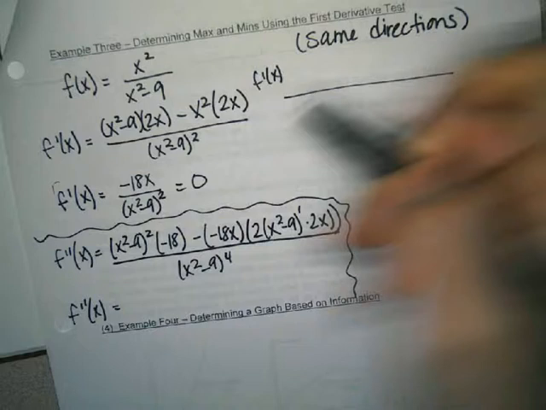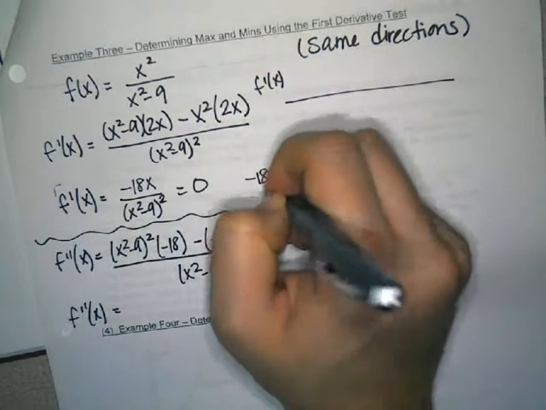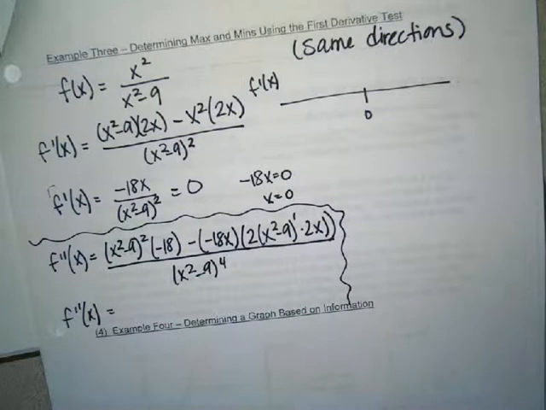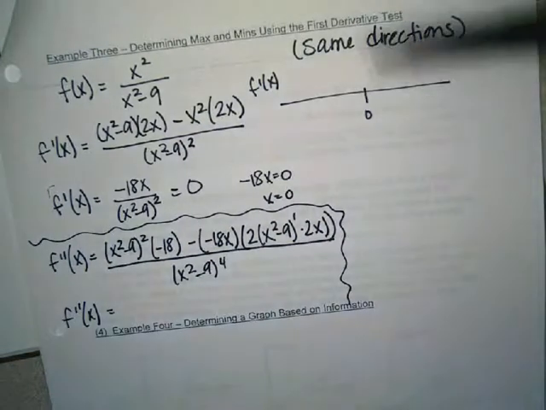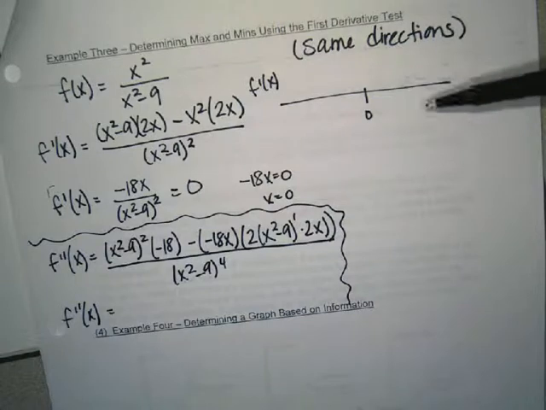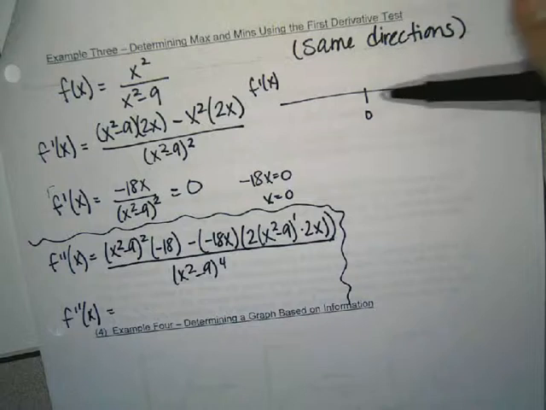So you really end up just getting negative 18x equals 0, so x equals 0. Now, I should say also that all these examples have had just one critical number, but it's not uncommon to also have another critical number. So you might come across a problem where you have 0, you might have 2, or 0 and 1. That's not abnormal, so you can have more than one.